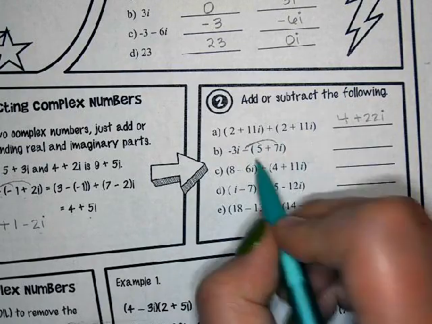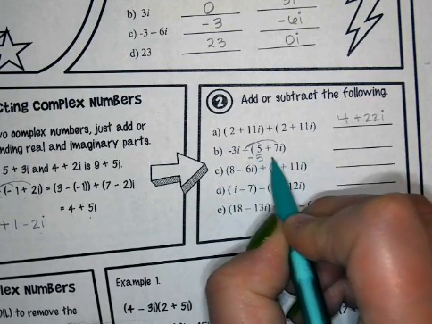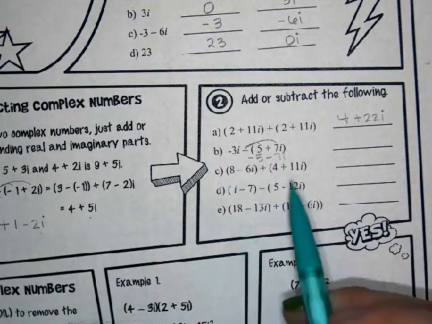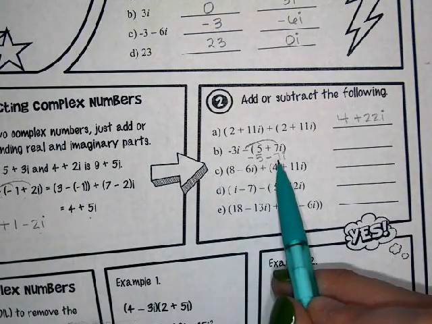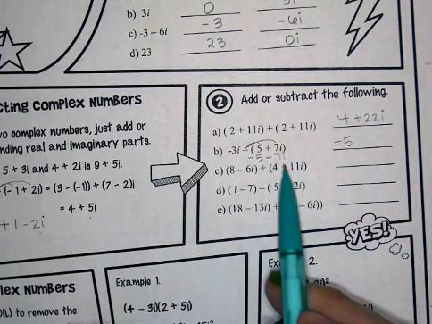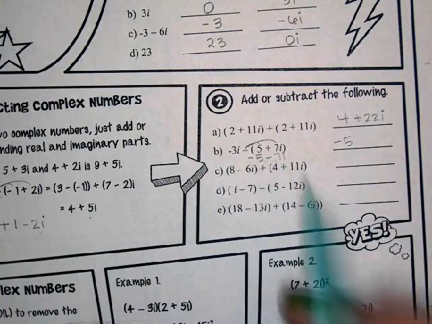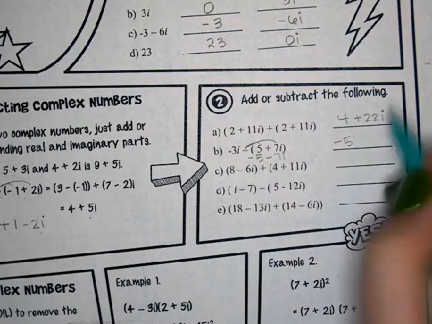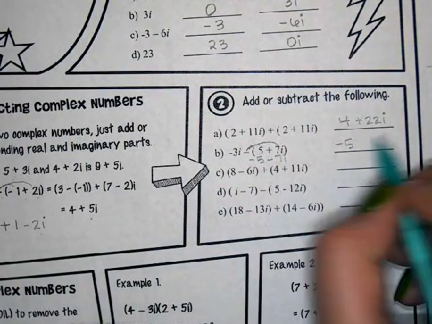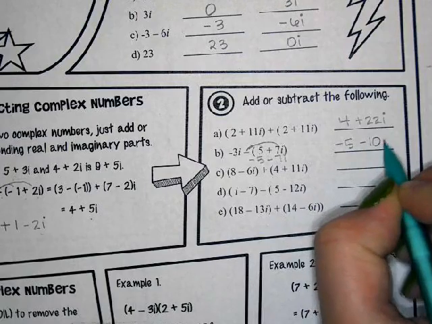So I have -5 minus 7i, okay? So now if I write the real number portion down, what's the real number portion? -5, okay? And then what about the imaginary number portion? What is it? -10? Okay, -10i, okay?